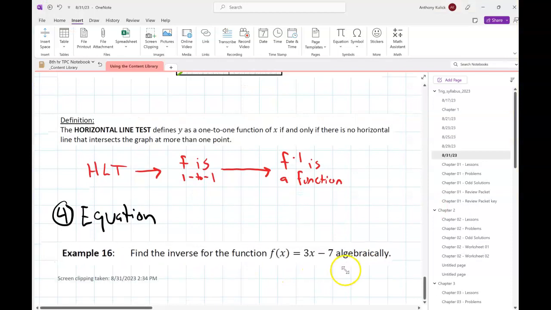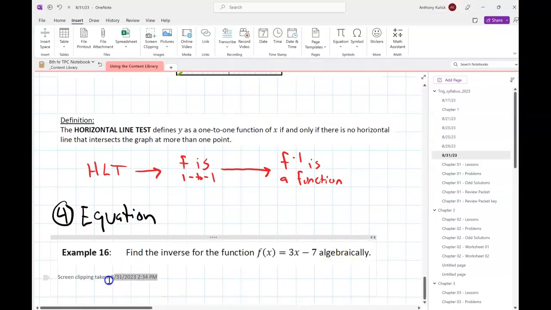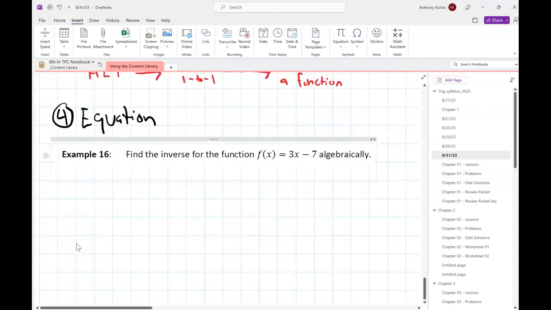Quite frankly, although the process is the same every time, the algebra steps are different and can be a little bit complicated, but they also provide me a good opportunity to review things from last year. So we're going to do a whole heap of examples of this type, but we're just going to do one to start here today.